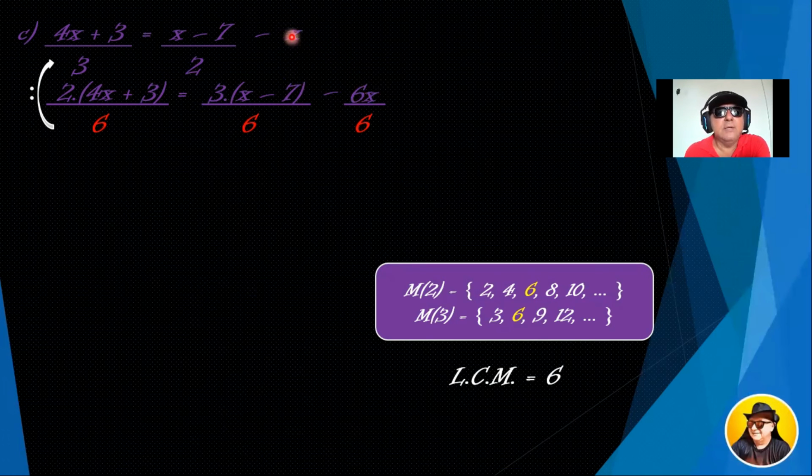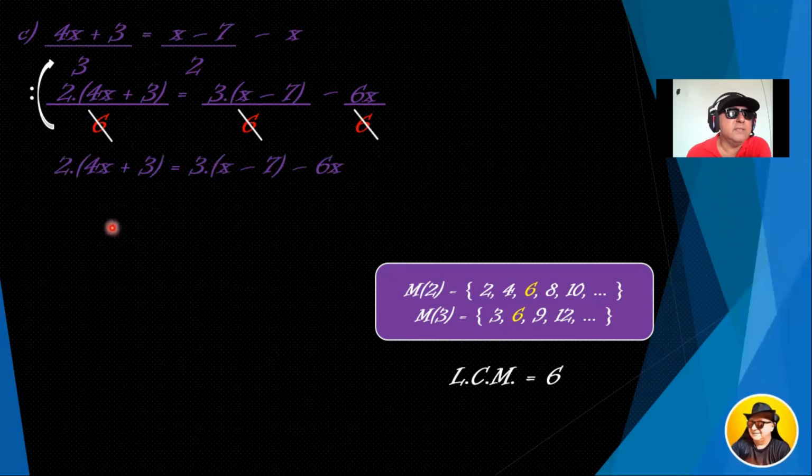All right? So this denominator 6 has already done its job. I don't need it anymore. So I'm going to cancel, remove it. So what remains? Very good. It remains this.